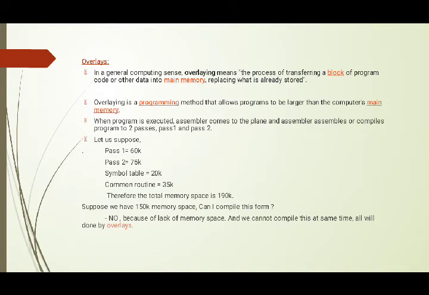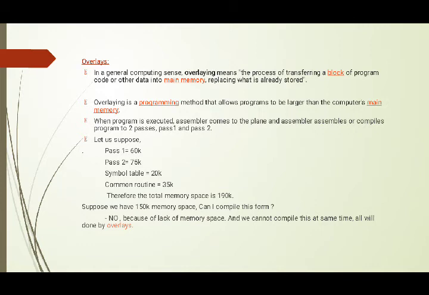When a program is executed, the assembler assembles or compiles the program in two passes, pass 1 and pass 2. Let us suppose pass 1 takes 60k of memory and pass 2 takes 75k, with a symbol table of 20k and a common routine of 35k. Therefore, the total memory space is 190k.